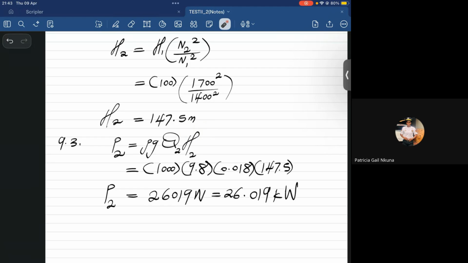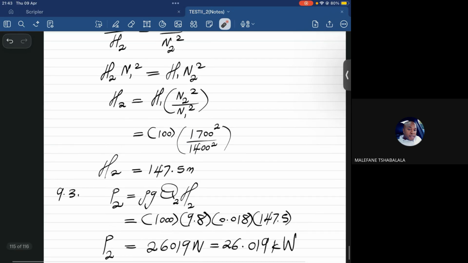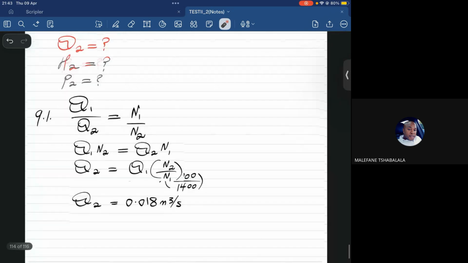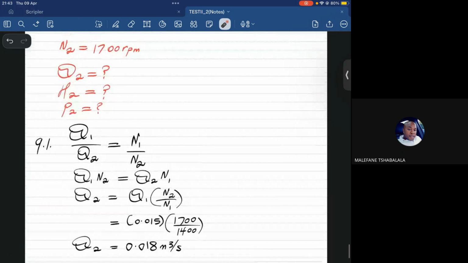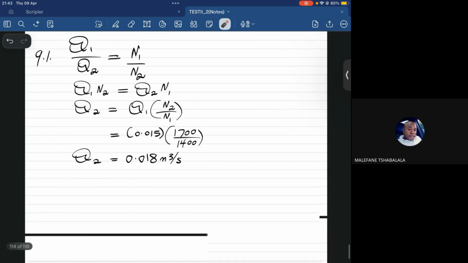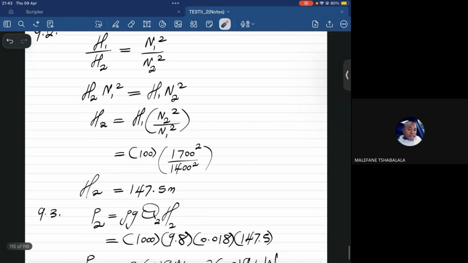That's how it works. According to this question, we were looking for the new power, which is P2. So when we're looking for that, we'll have to use the new volumetric flow rate and the new height.